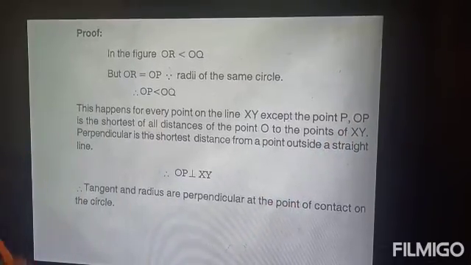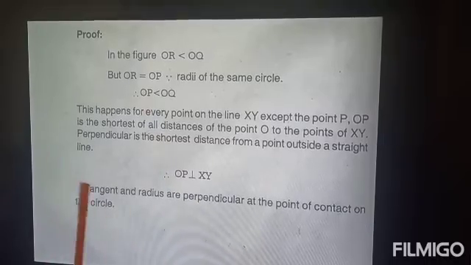That means P is the point on XY that makes the shortest distance from the center. From O, to any point on XY, OP is the shortest.